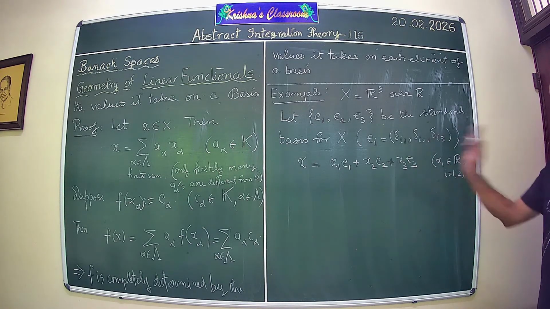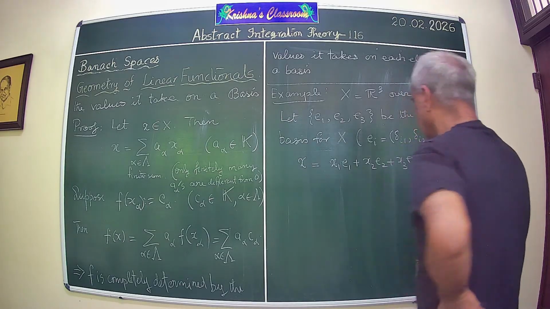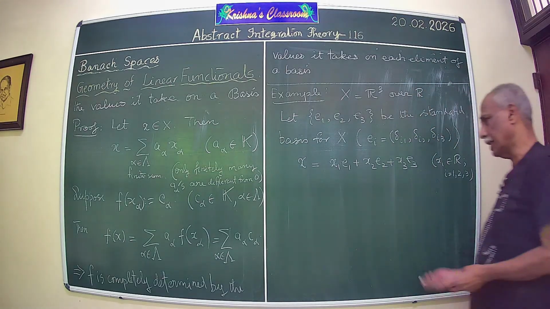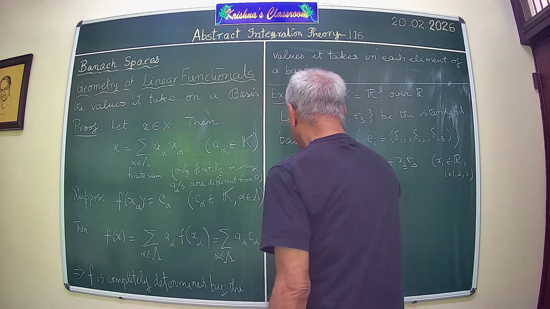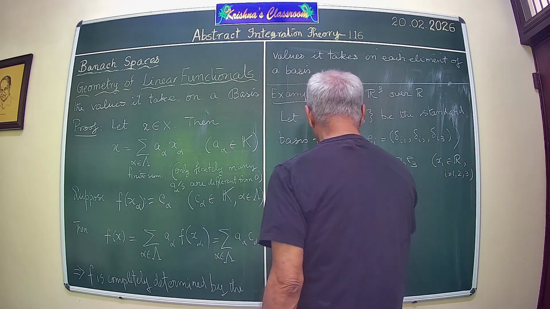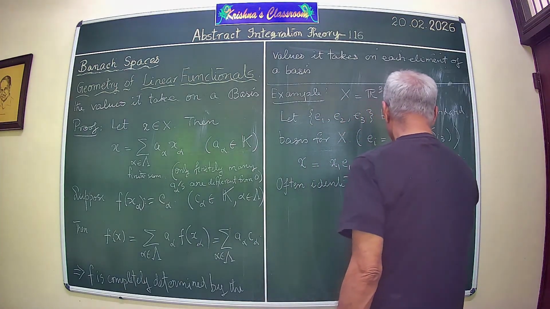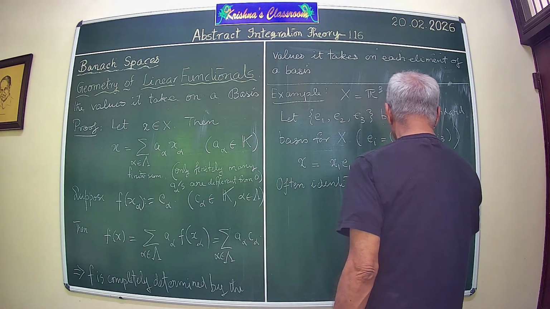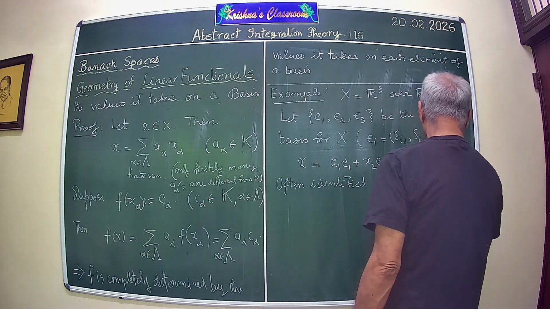This is the unique representation of x in terms of the basis e1, e2, e3. Okay? And this is often identified as belonging to R3.